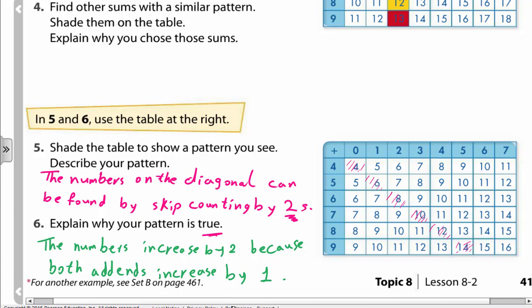Okay, my heroes, write the answer, and I want to ask you if you can find the same pattern again in the table. The diagonal pattern.